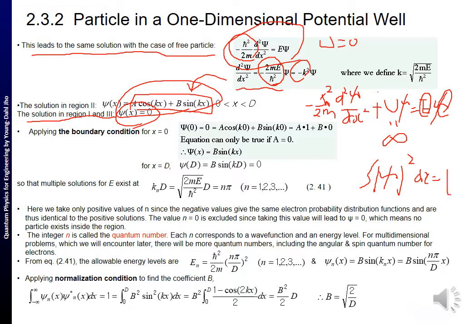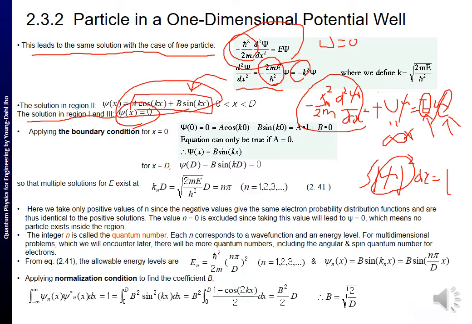So the probability is integrated and it is 1. So this is finite. So a finite value is equal to another finite value plus infinity multiplied by wave function.